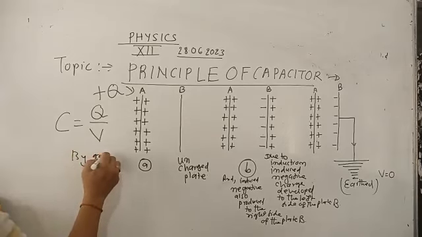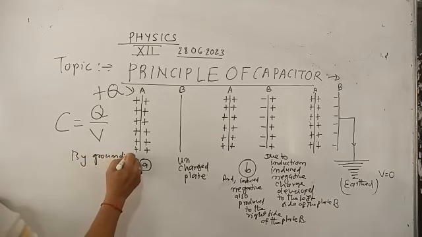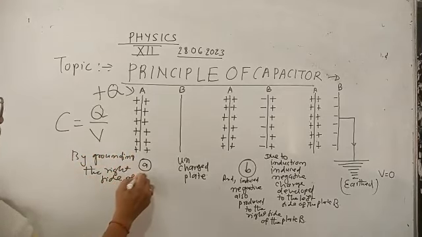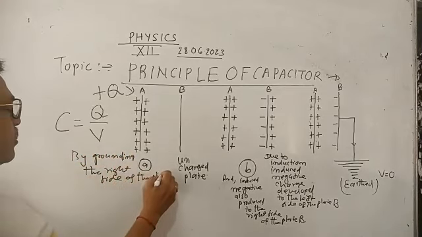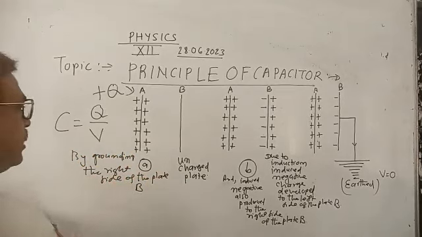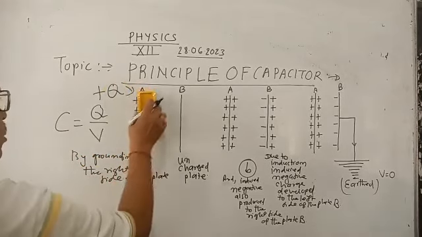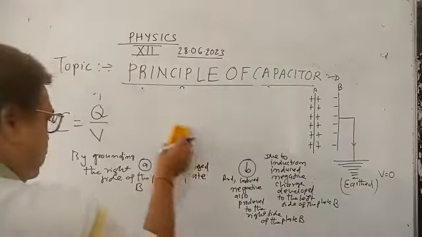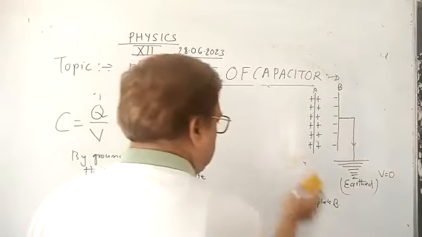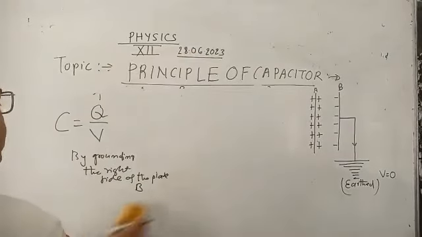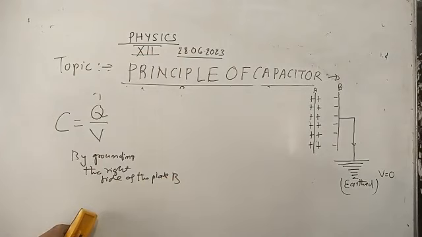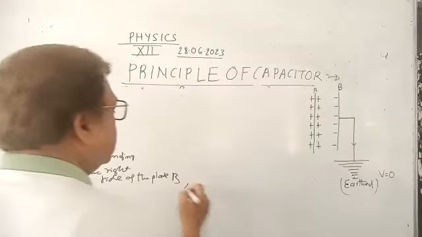By grounding the right side of the plate B, what happens?